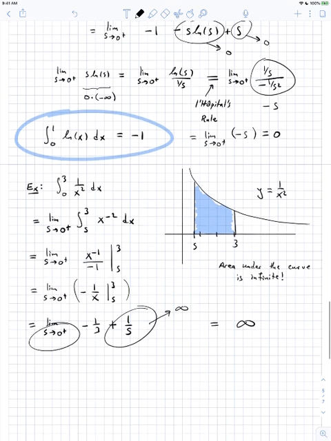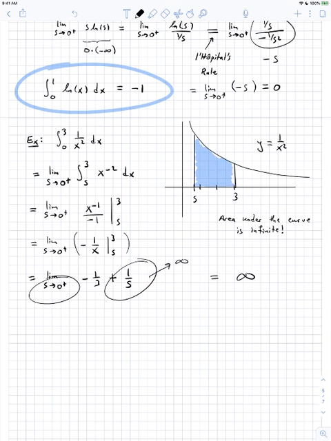If the limit is infinite, or if the limit doesn't exist, we say that the improper integral diverges. Let's write that down. If the limit does not exist, which includes being infinite: if the limit is infinite, it doesn't exist, so that's a special case of not existing.